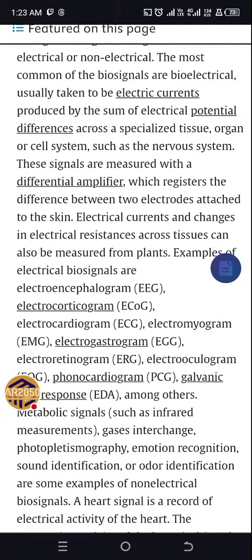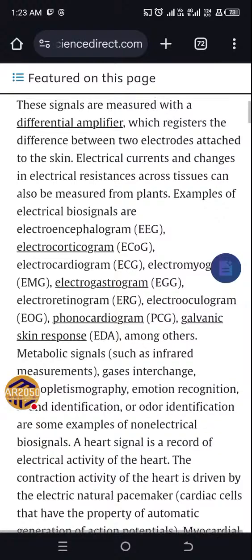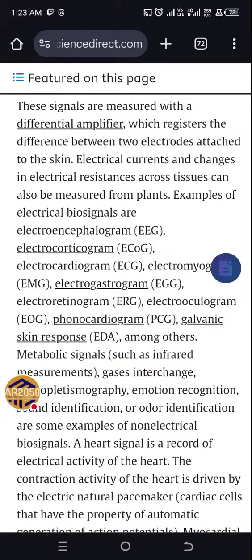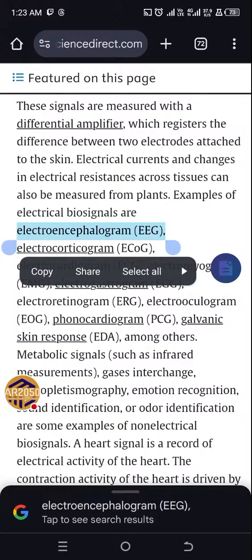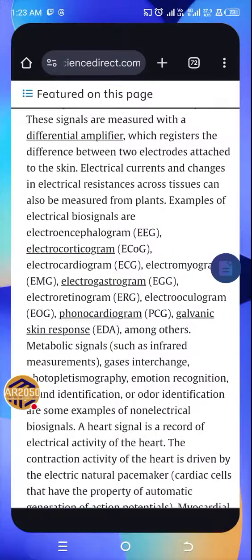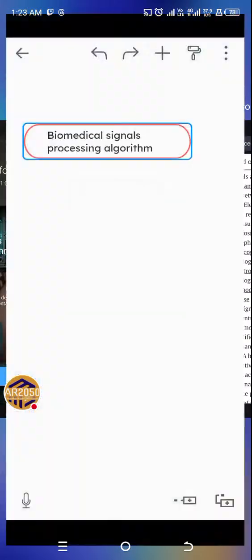So the kinds of signals we have are, let's copy them.